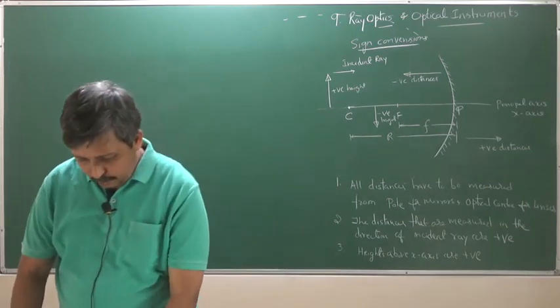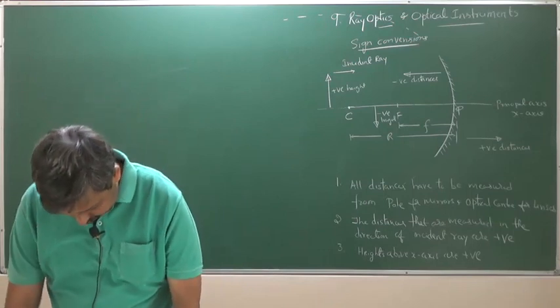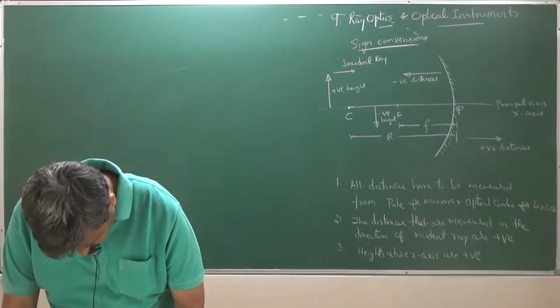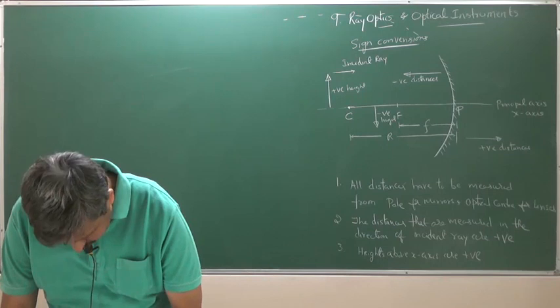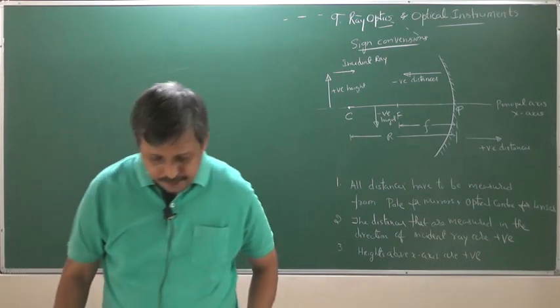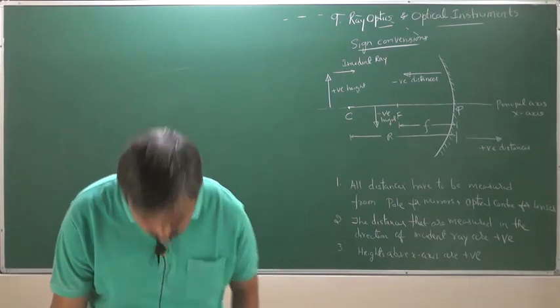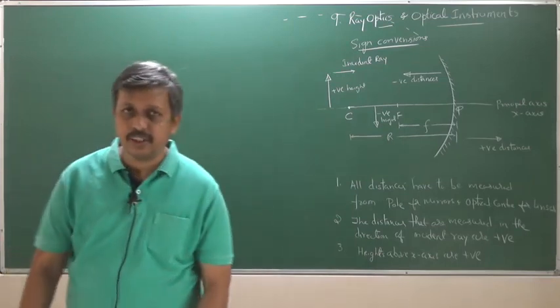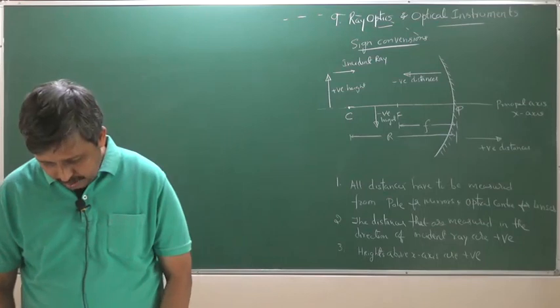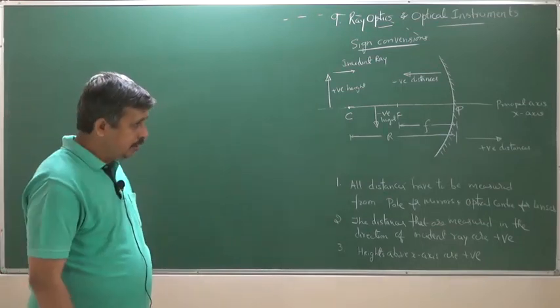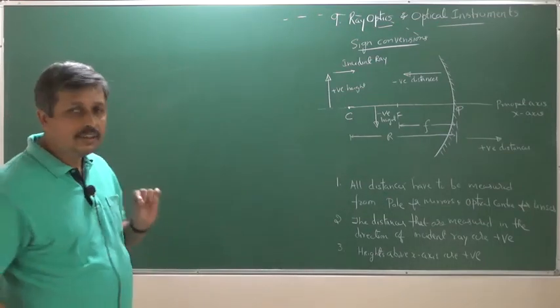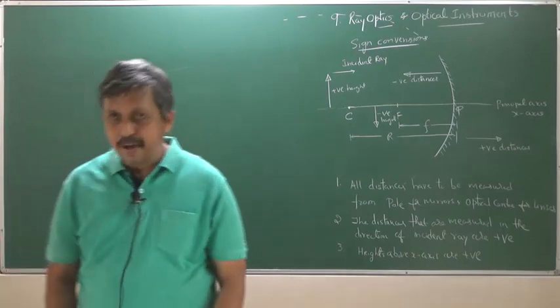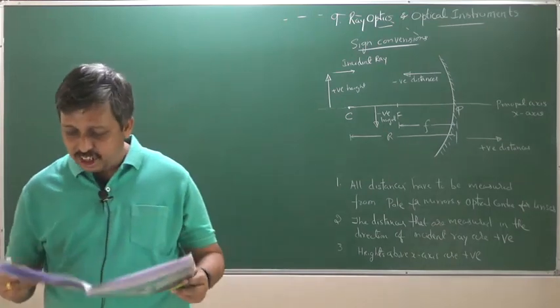So the next step that I am going to do is look at certain assumptions basically while using the ray diagrams. Some important assumptions while using the ray diagrams. The first important assumption is we have to understand this concept of parallel rays and paraxial rays.